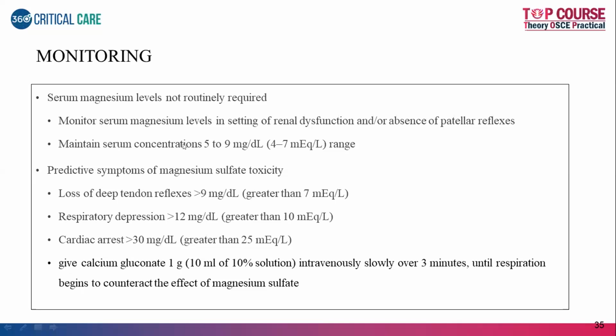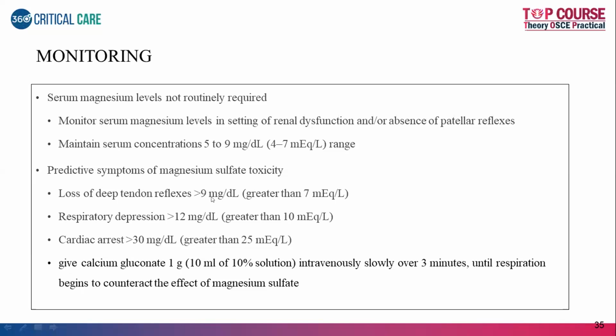Try to maintain the serum concentration between, and don't get confused, remember either in mg per dl or milliequivalents per liter. In mg per dl it is 5 to 9, in milliequivalents it is 4 to 7. This is very, very important. You need to remember the one value which is most commonly practiced in your lab.